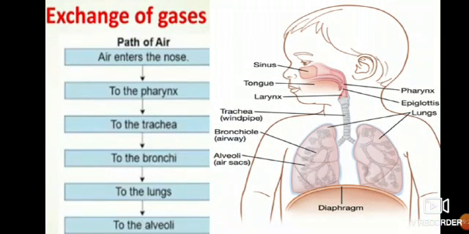Now next topic is exchange of gases. Here is a simple way to make you all understand about exchange of gases. Now, atmosphere is filled with air. Our surrounding is filled with fresh air. So, when we breathe in, first it will go in our nose. So, air enters the nose.